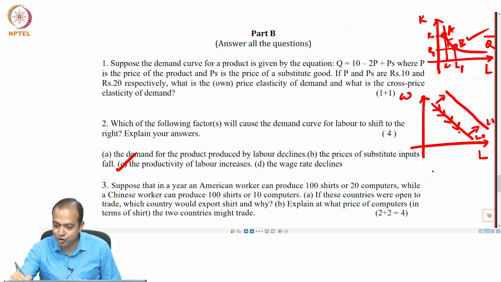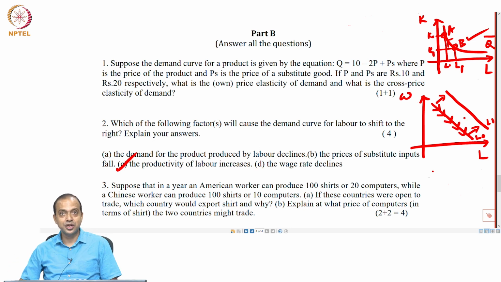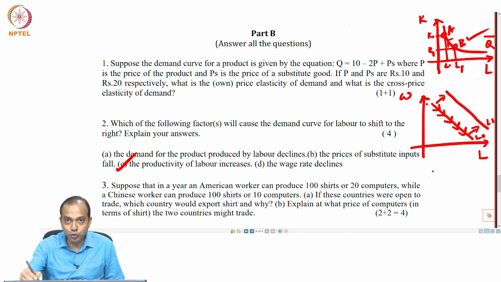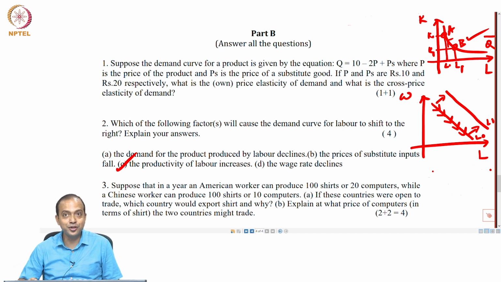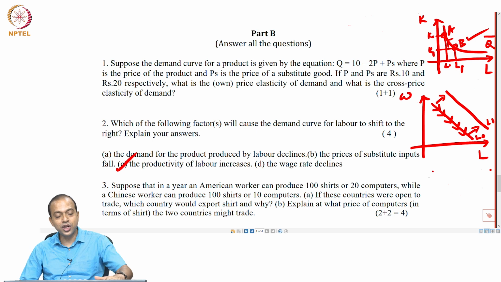So, that is not a shift in demand, because if you recall in the context of demand and supply, we said there is a parametric shift versus a shift due to change in variable. While W and L are the variables here, all other factors are actually parameters which we assume to be constant.